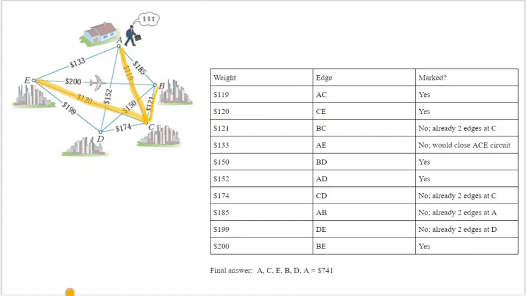I can't mark that one because if I do, then I have 3 edges coming from C, which does not make a circuit. So I'm going to skip this one. Then my next cheapest is $131. Well, that would close off my circuit, so I cannot use that one.